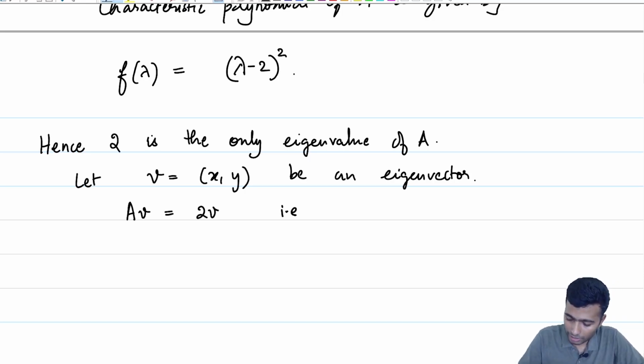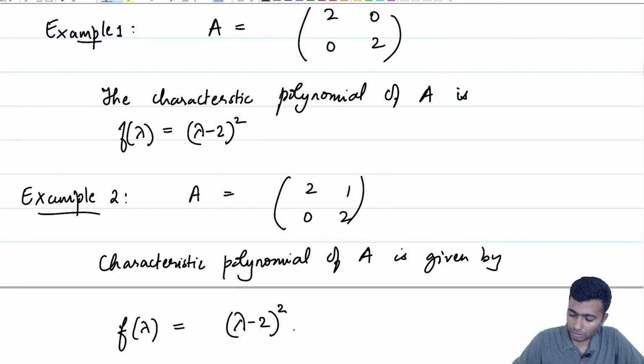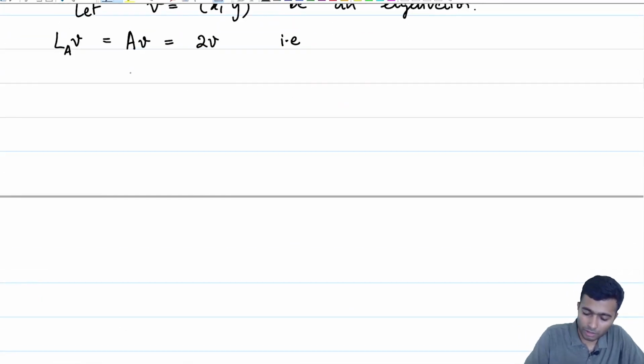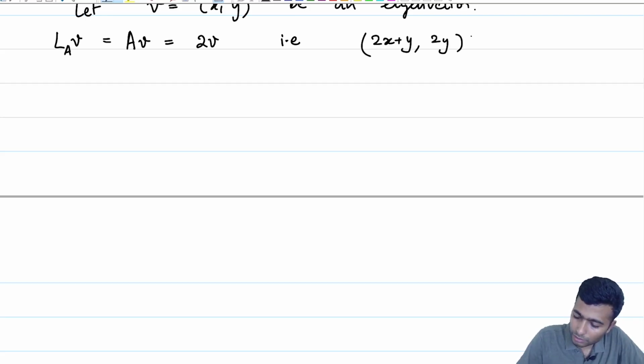So this is basically L_A of v, which by definition should be equal to 2v. A is 2 1 0 2, so this is just telling us that (2x plus y, 2y) should be equal to 2 times (x, y).